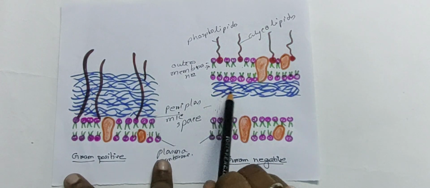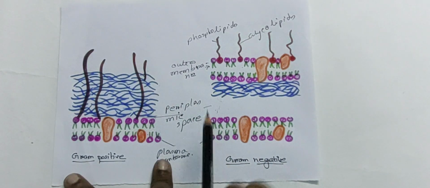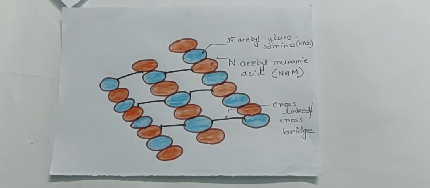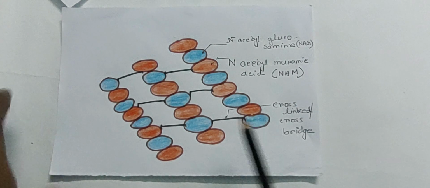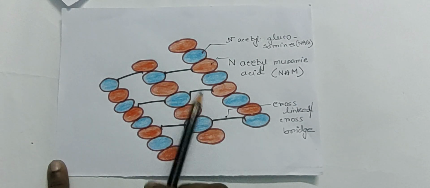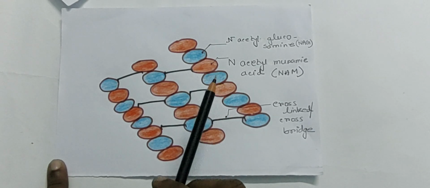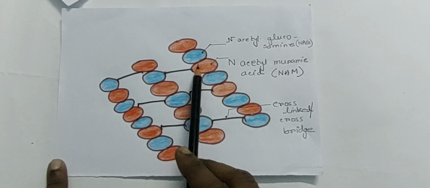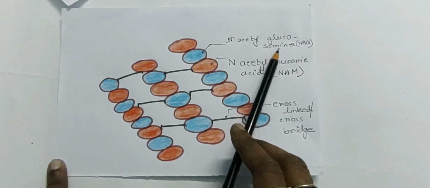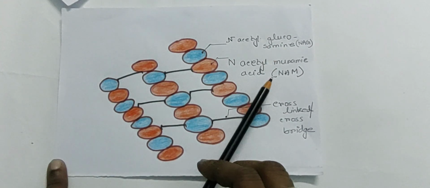Now look at the structure of the peptidoglycan layer. The peptidoglycan layer is a chain of oligosaccharides made up of proteins and polysaccharides. There are N-acetyl glucosamine and N-acetyl muramic acid.